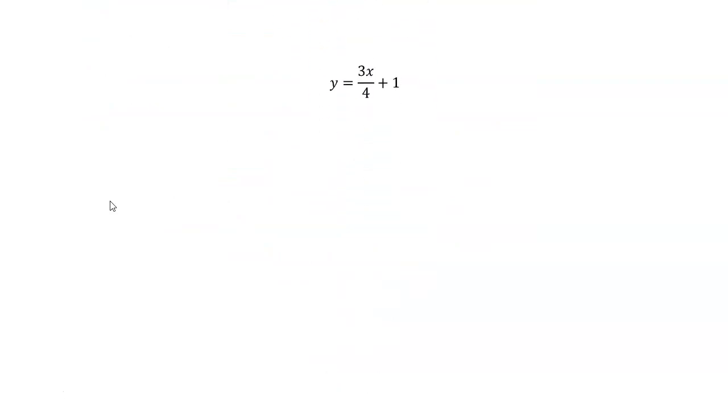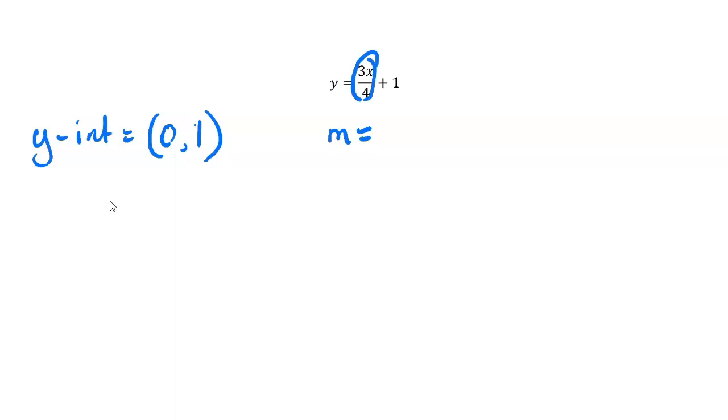Okay, so we've got here y equals 3x over 4 plus 1. So my y-intercept is at 0, 1. And my gradient is equal to... Now you've got to remember that that is the same as 3 over 4 times by x.